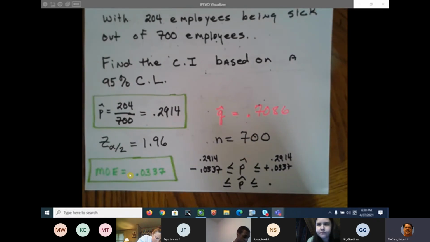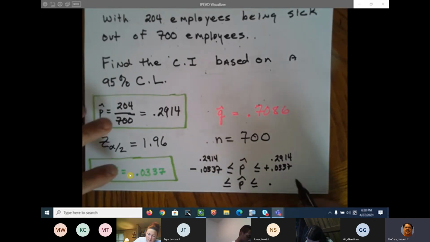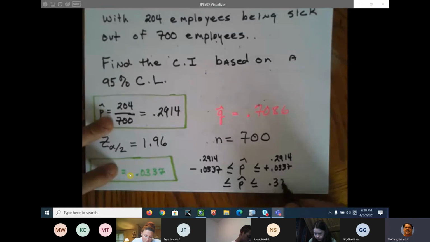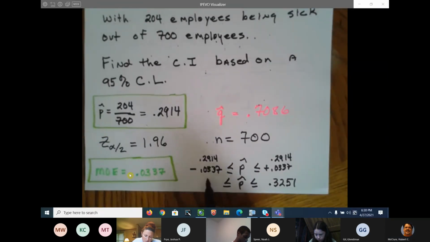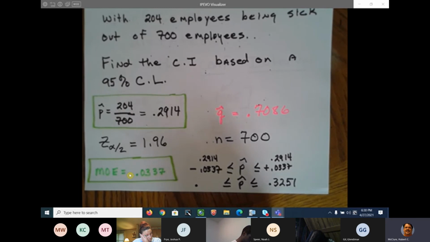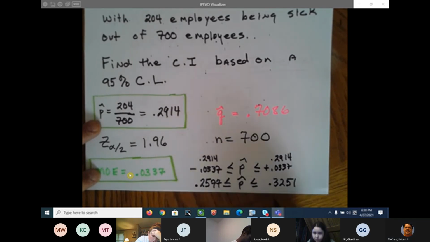Thank you. And somebody subtract, I'm not going to try to do that in my head. Somebody subtract on the left. .2577. And that is your confidence interval.